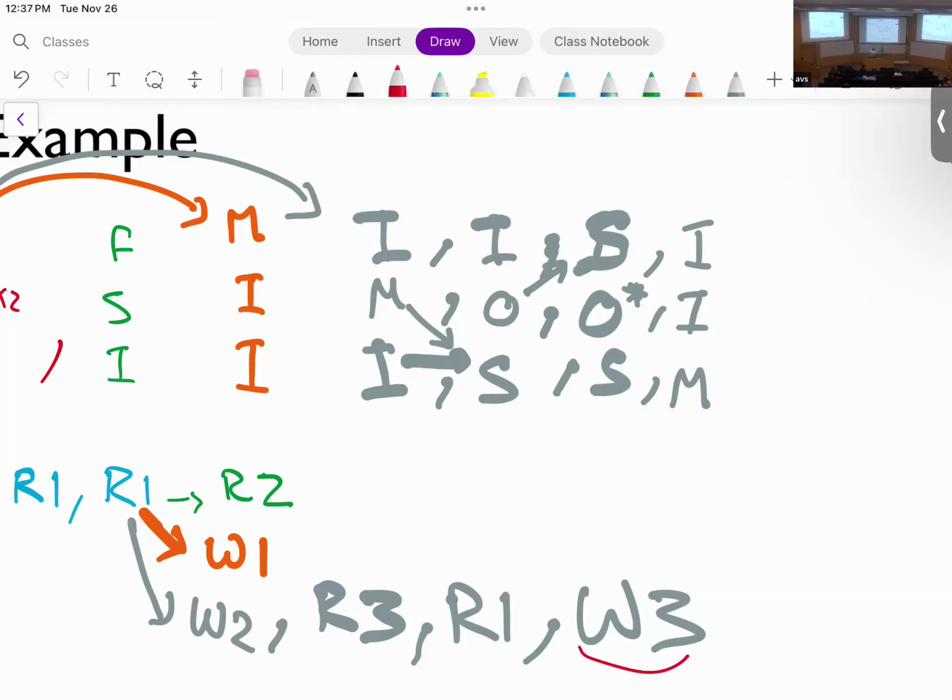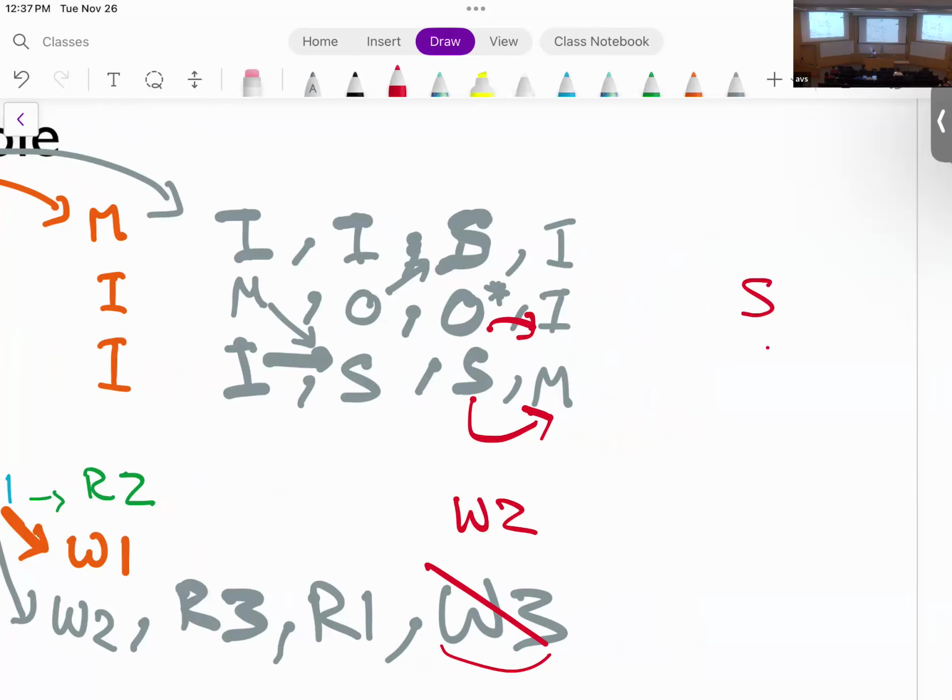Oh, so you're asking, since this one is writing, why do we write back here? Is that your question? It's instead of write 3, write 2. Oh, okay. Good question. So if it's write 2 instead, let's see what happens. Let's say we are in SOS, and then we have write 2.